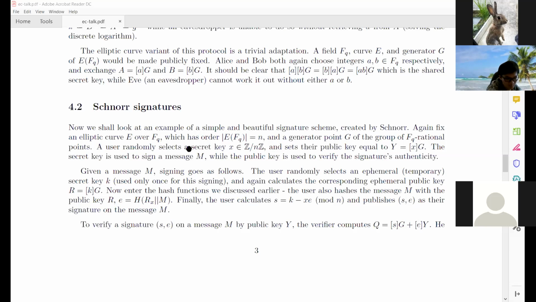Then again, you would choose a secret key, which is just an integer that's smaller than n, and set your public key to this, which is repeated addition of G by itself x times. So your public key is y, and you would make that public so that you can prove that signatures that come from you are actually from you.